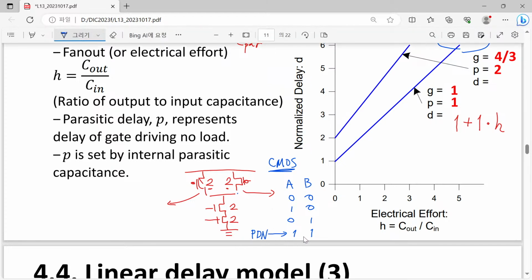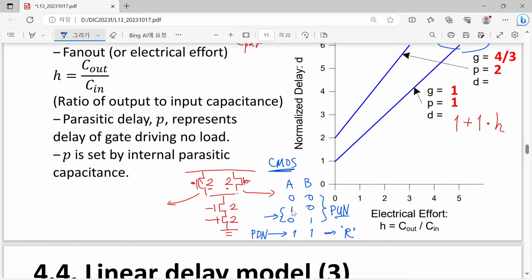Pull down network is only relevant when all of them are turned on, and in these cases these are all related with our pull up network. So in order to say effective R, it is quite obvious. However, for the pull up network, we are more or less focused on this one.